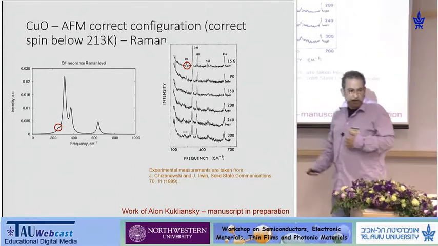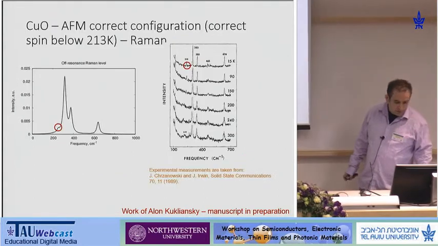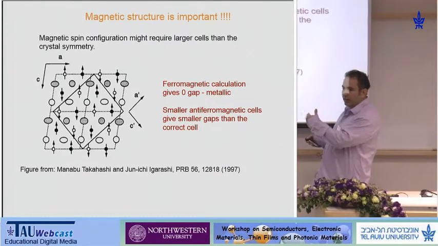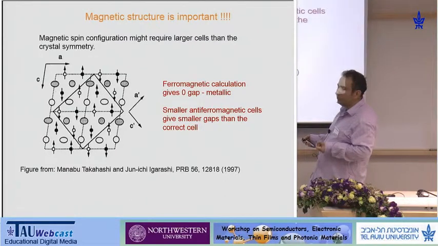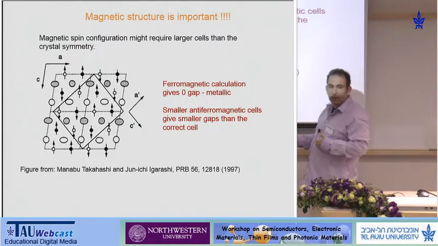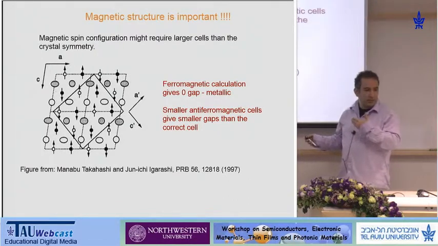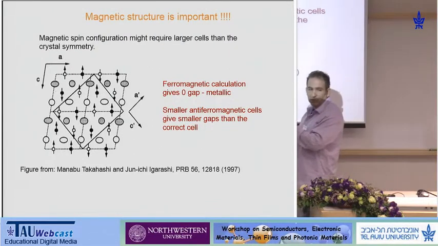Now, it should be mentioned that whenever you go to bigger cells because of magnetic symmetry, if you just calculate vibrations, you will have phonon folding into the smaller Brillouin zone. And so you will see more gamma point phonons.